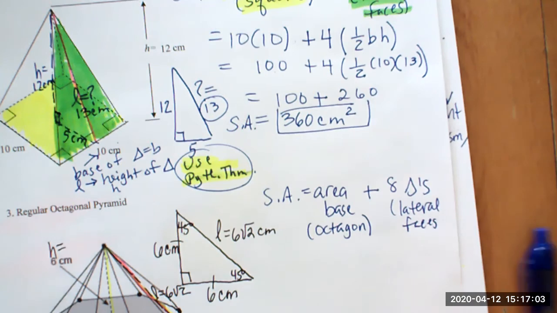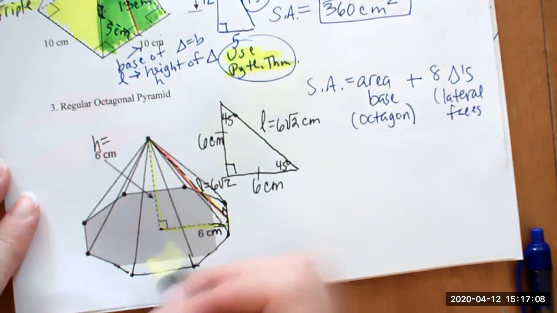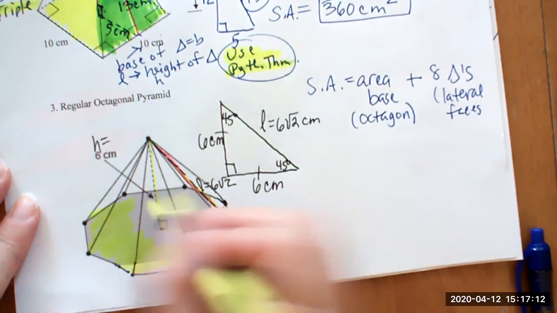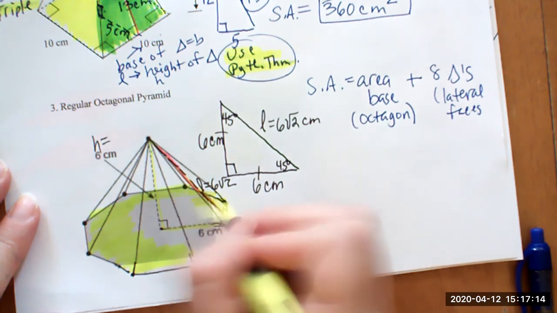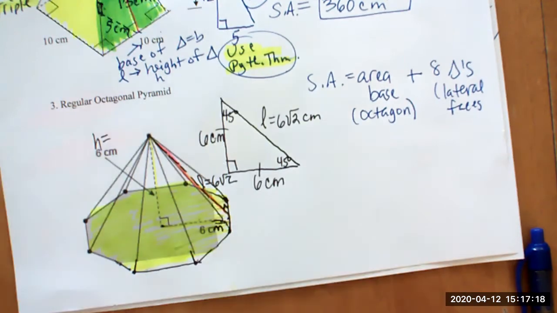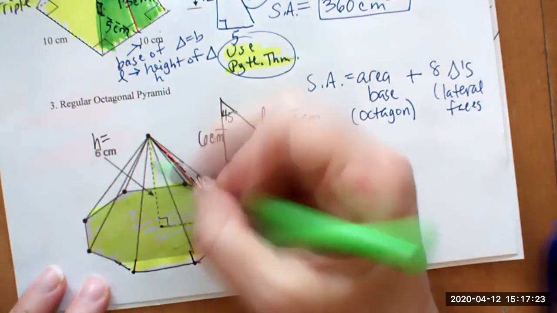Basically what you've got is, again, I can yellow in the base. It's already part of it gray, but here's the base in yellow. And then the lateral faces are these triangles that you see around the side.